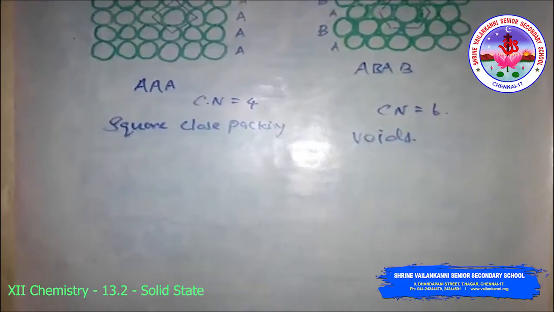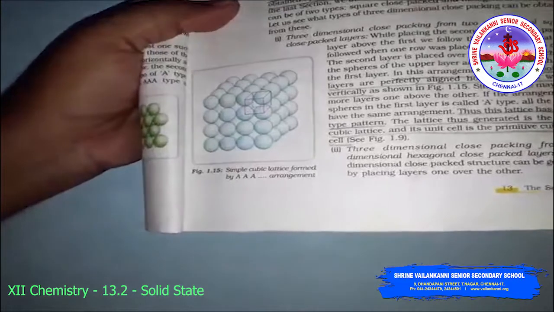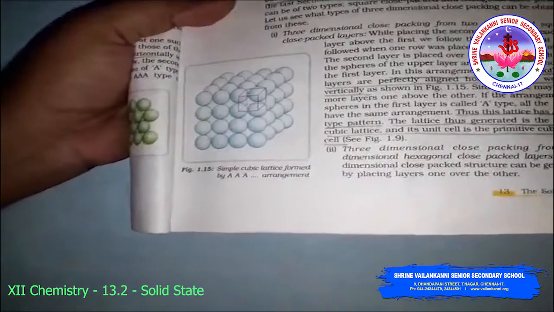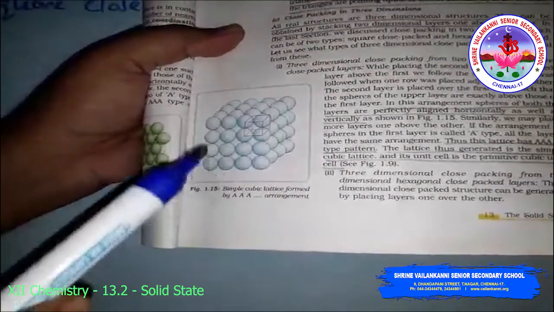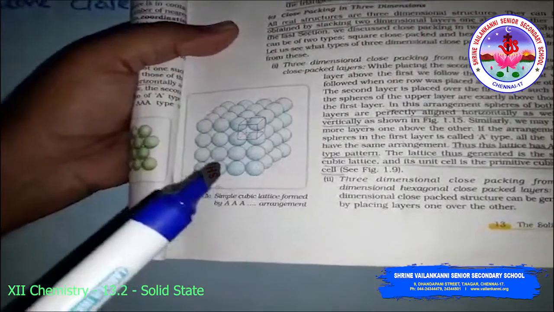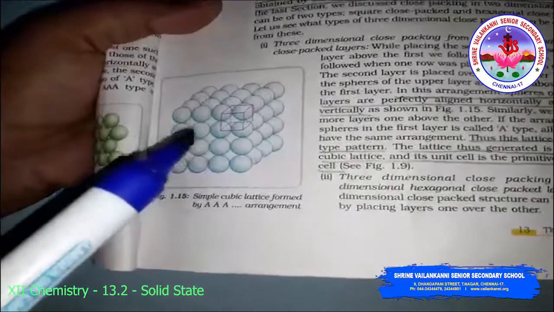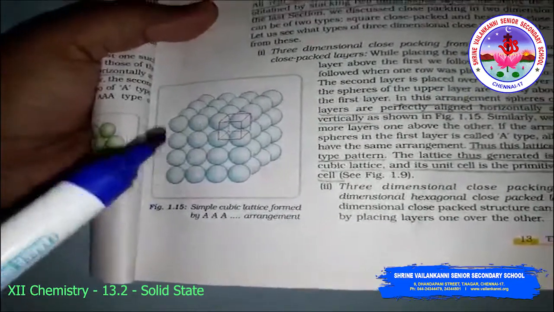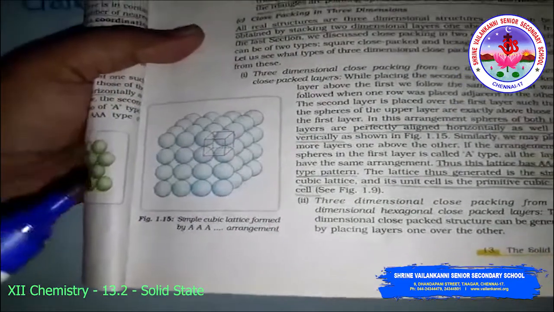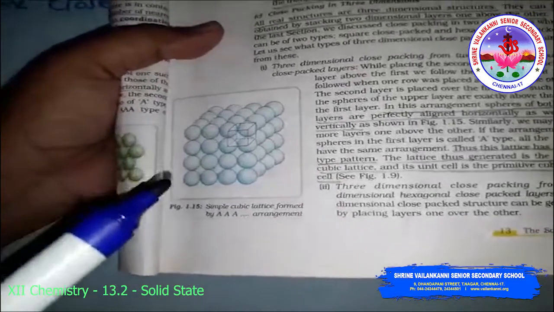So here you can see the three-dimensional structure. All the real structures, usually three-dimensional, can be obtained by stacking two-dimensional layers, one above the other. In the last class we already discussed that two-dimensional close packing can be of two types, square close packed and hexagonal close packed.